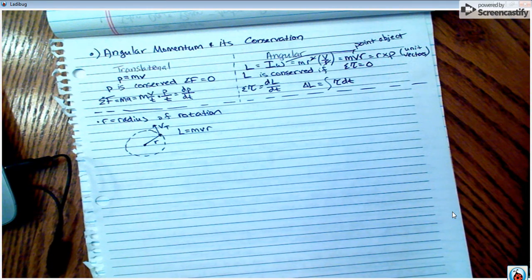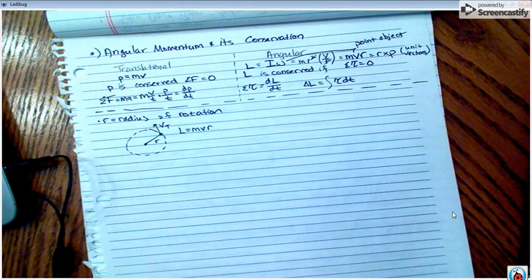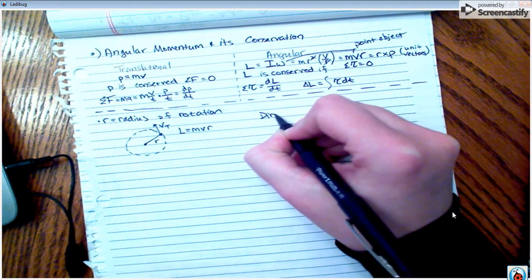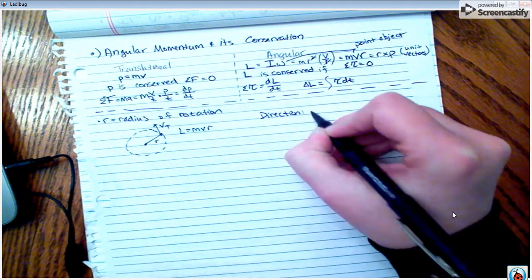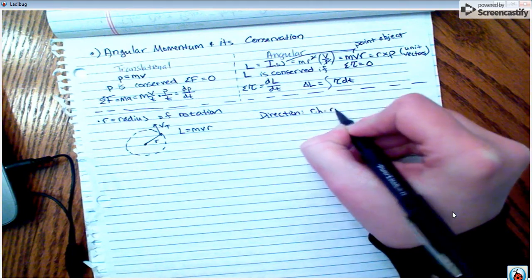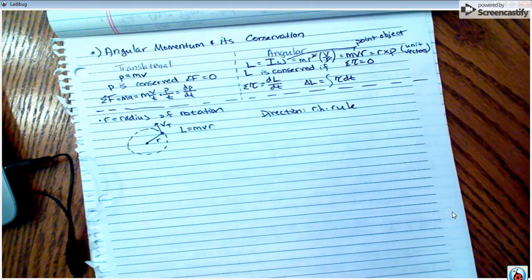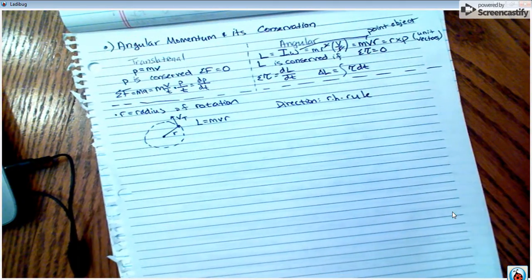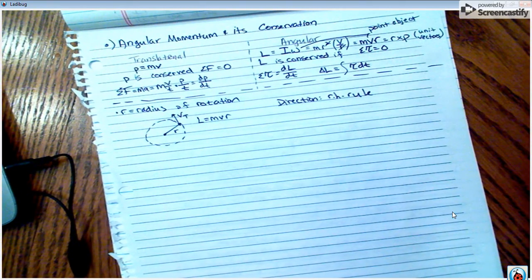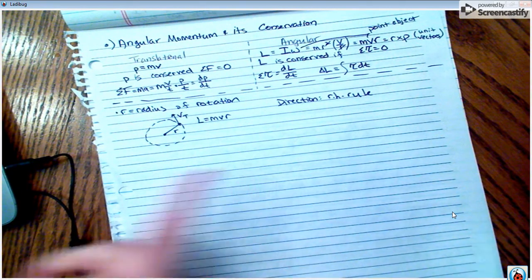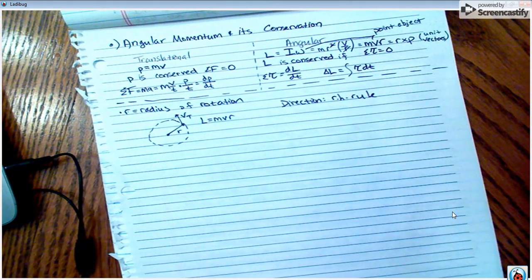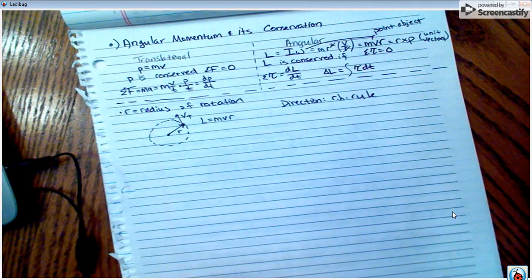If you're asked for the direction of the angular momentum, we can still use the right-hand rule. For any cross product, we can use this right-hand rule. As you remember from cross products, you point your index finger in the direction of the radius, and remember radius always points outward from the center of rotation.